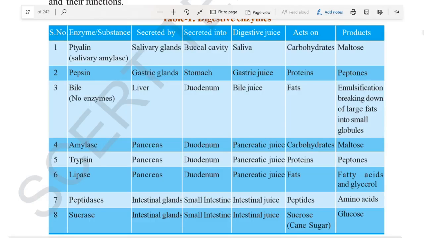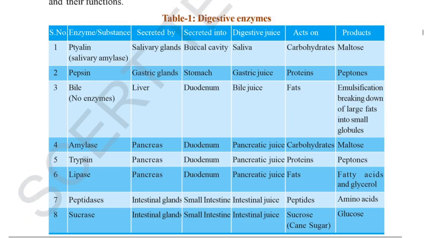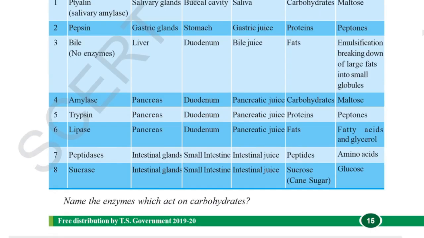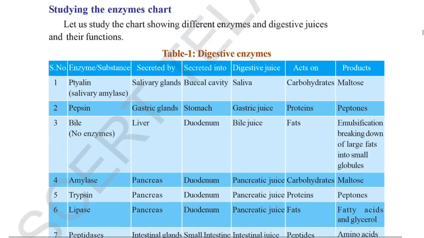Then food enters the stomach, where the gastric glands release pepsin, and then the liver acts, then the pancreas. Then the last two, peptidases and sucrases, come from the intestinal glands. Where are they secreted? Saliva is secreted only into the buccal cavity, not in the esophagus or the stomach.